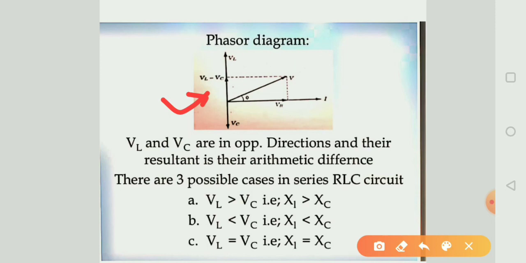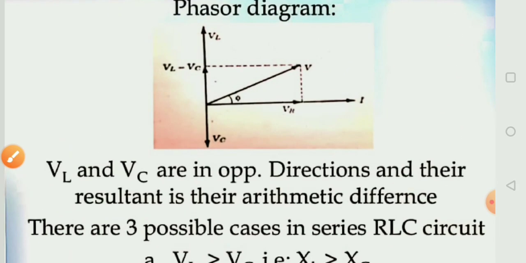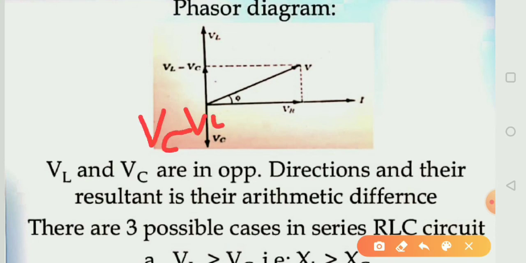So the phasor diagram is drawn on the top side, and we denote here VL minus VC. If the circuit is capacitive, the value of VC is greater than VL. Then we draw the diagram in the anti-clockwise direction, and we write VC minus VL.